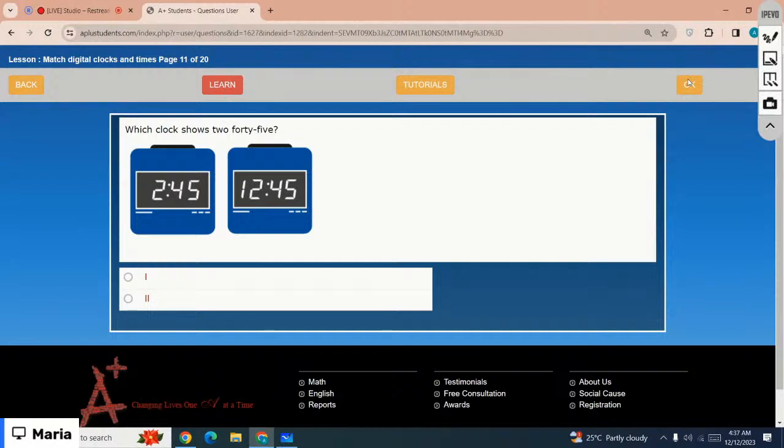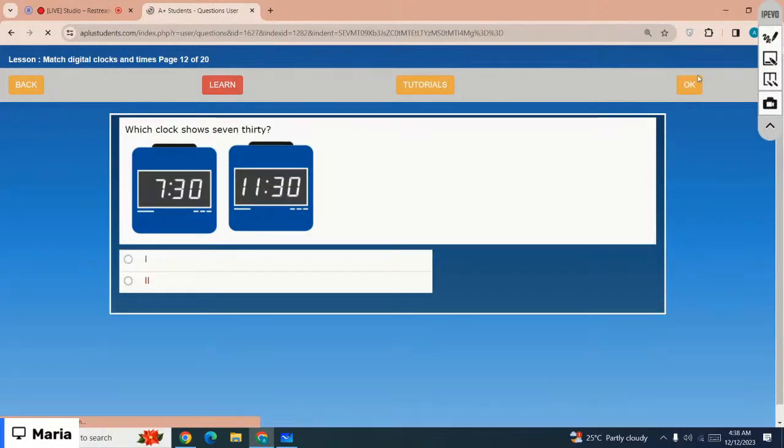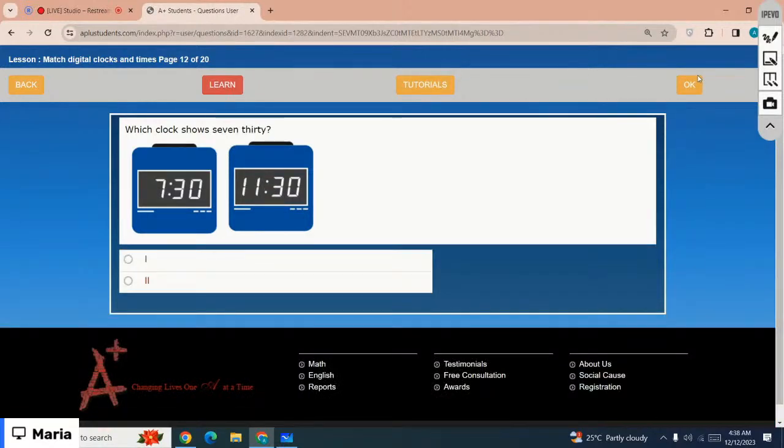The correct option is, yes, that is option number 1. Okay, the next one is 2:45. Which clock shows 7:30? Which is the correct option?